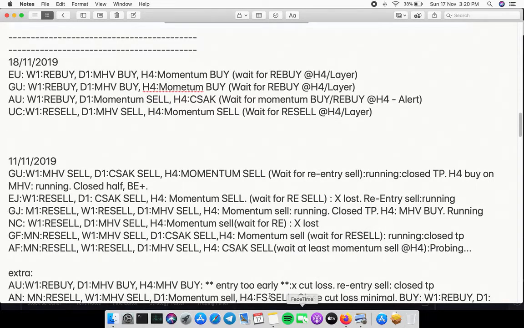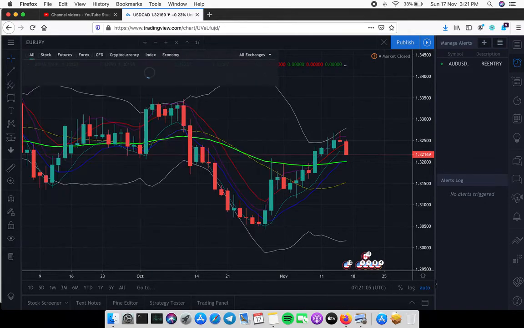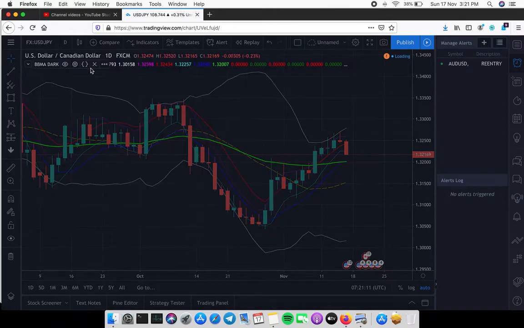Okay, next one. So just after a couple of minutes, you already got 4 pair to look at, and then JPY. Sorry. I think one more USD JPY.